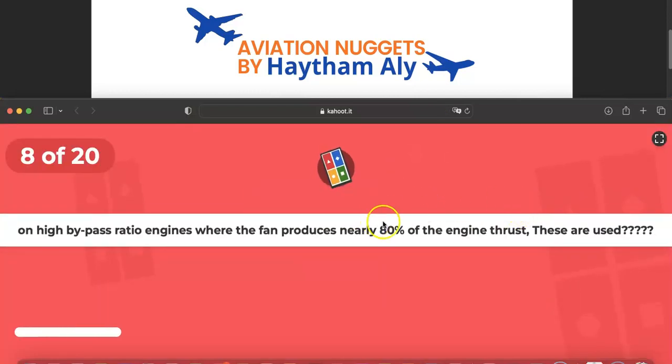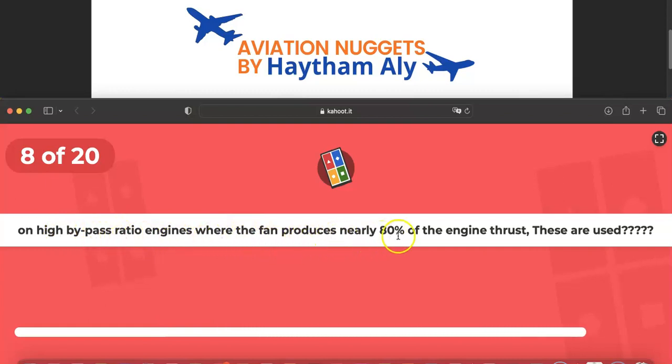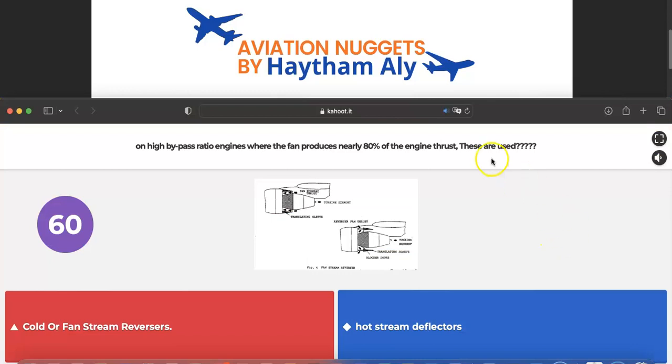Question 8 of 20. On high bypass ratio engines where the fan produces nearly 80% of the engine thrust, which is used: cold or fan stream reverser, or hot stream deflectors? I think on a high bypass ratio engine we always reverse the fan or cold stream.